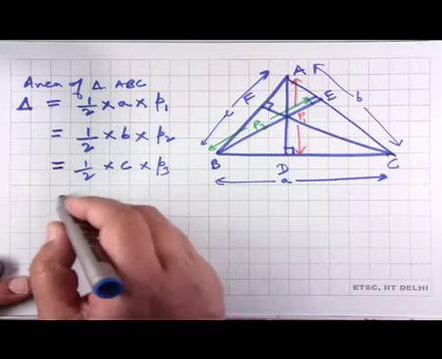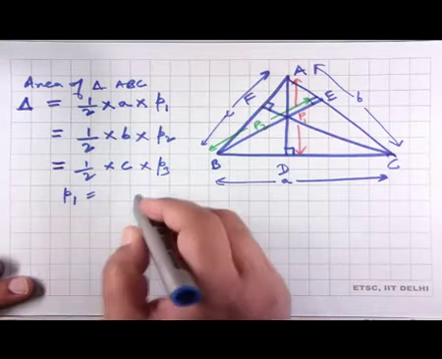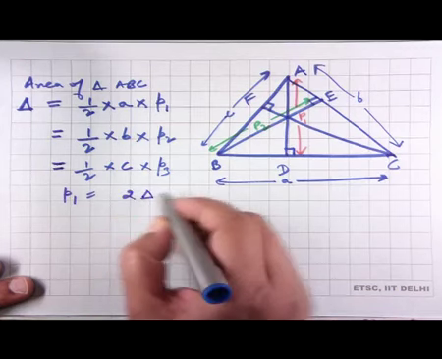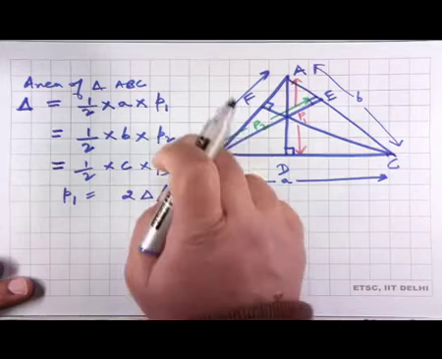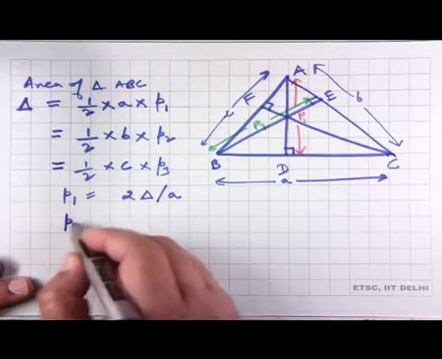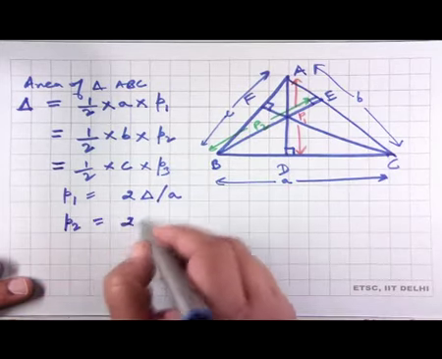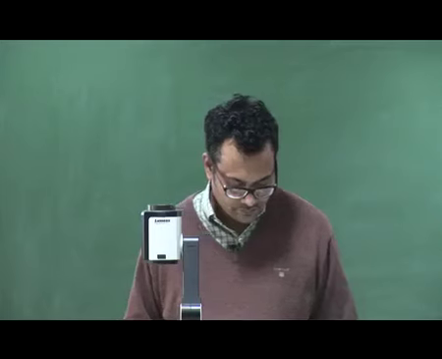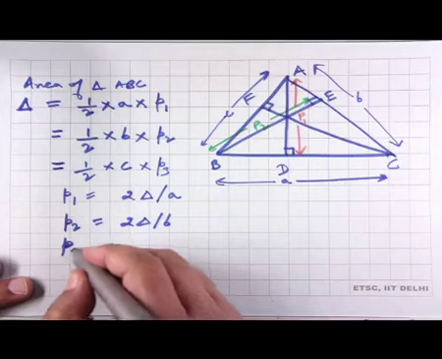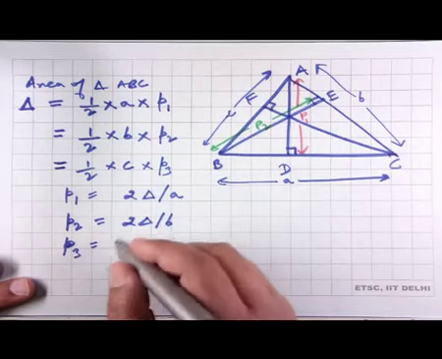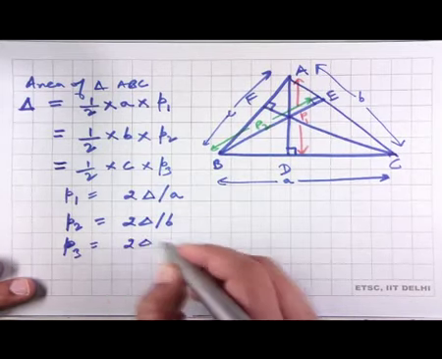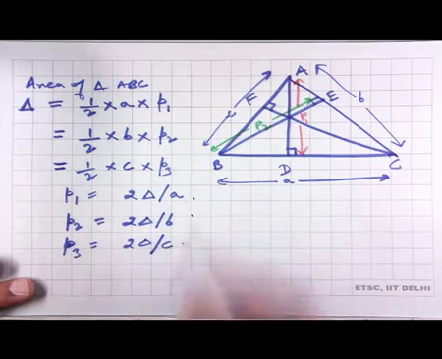From this first equation we get P1 equal to 2 delta by A. From the second equation we get P2 equal to 2 delta by B. From the third equation we get P3 equal to 2 delta by C.